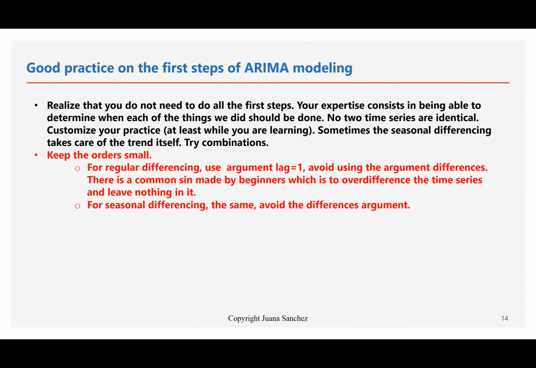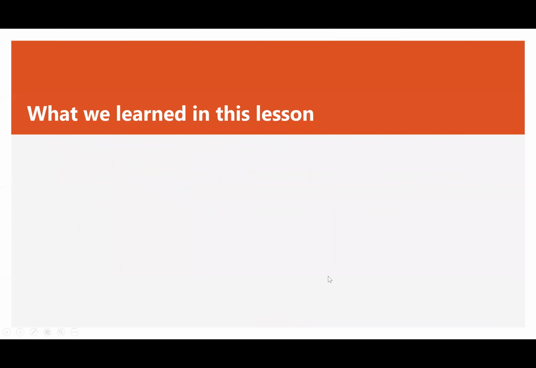Don't do second order regular differencing or third order regular differencing. There is a common sin made by beginners, which is to over difference the time series, so you eventually leave absolutely nothing there to worry about. For seasonal differencing, the same. Avoid using the differences argument. If you do seasonal differencing, you don't want to do it twice. Besides, you lose a lot of data if you over difference, so try to avoid it.